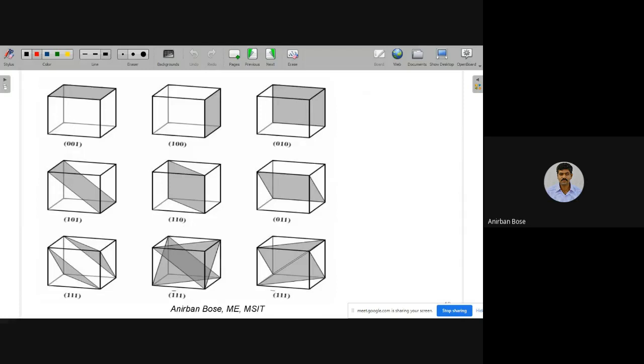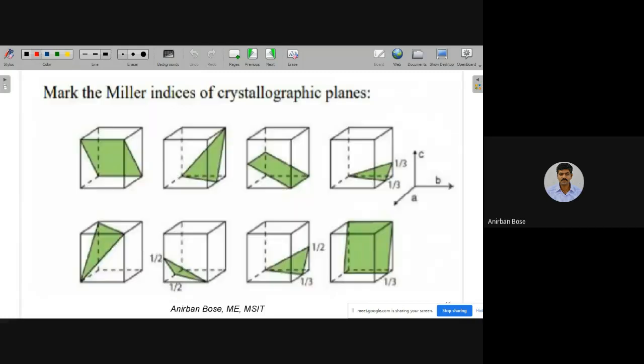Here the solutions are there, so you can try on your own. Here you can see some planes are given and you have to find out the Miller indices. So you can practice all these problems at home, see where you are finding problems, and then report to me in the next class.